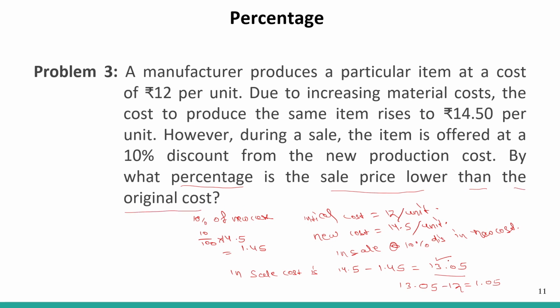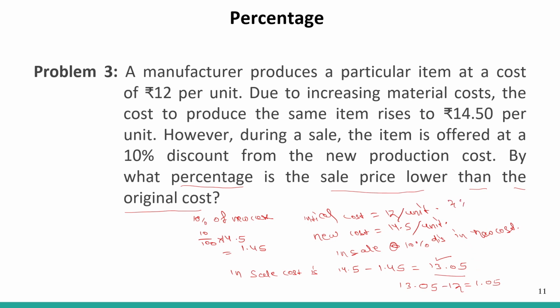The first thing to note is that the sale price is not lower than the original cost. The original cost was 12 rupees per unit, so the sale price is greater than it. So what percentage greater? What percent of 12 is 1.05?